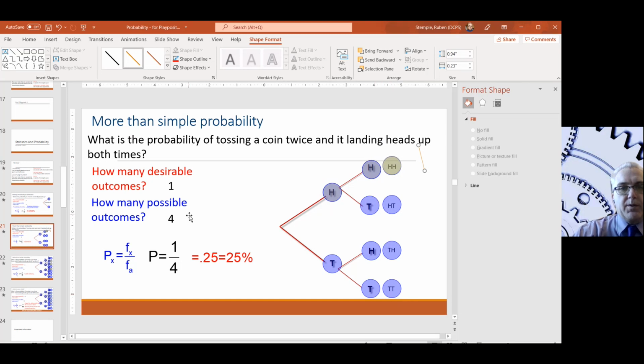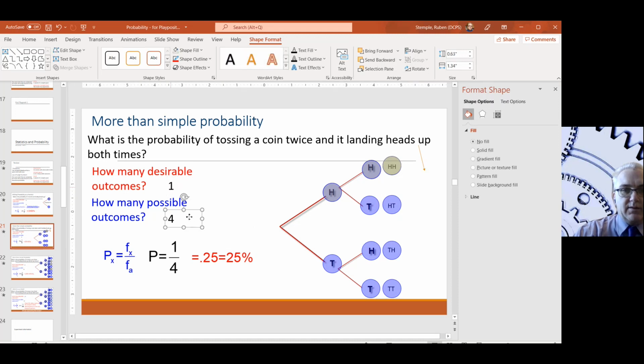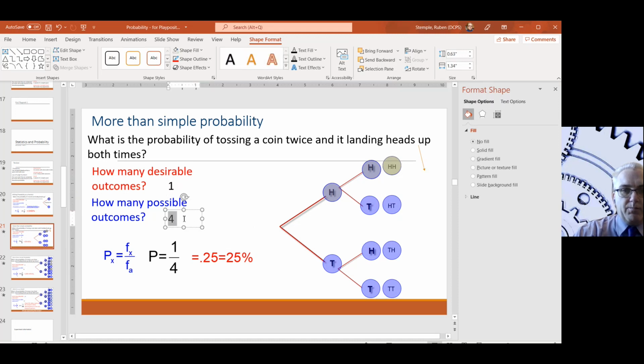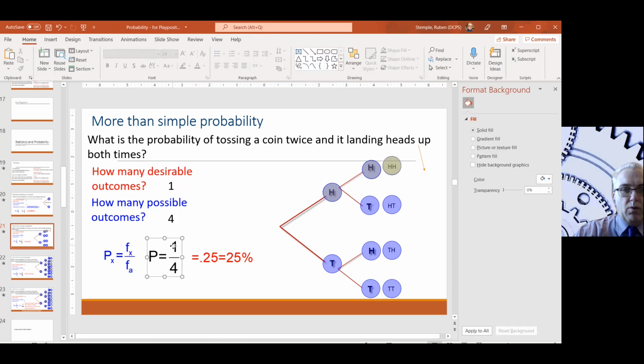So the probability of tossing a coin twice and having it land heads up is 1 desirable outcome out of 4 possible outcomes, or 1/4, which when you make it into a decimal comes down to 0.25, or 25%.